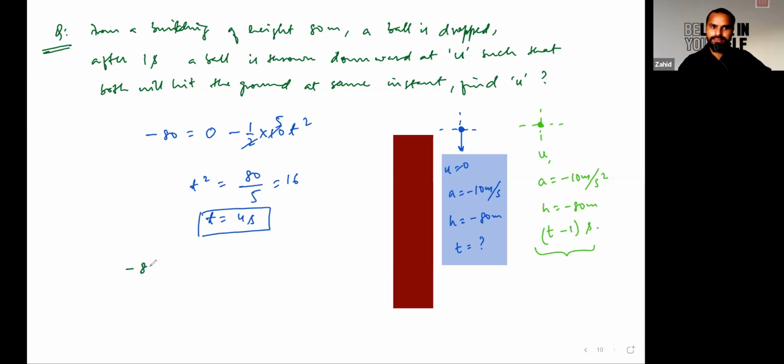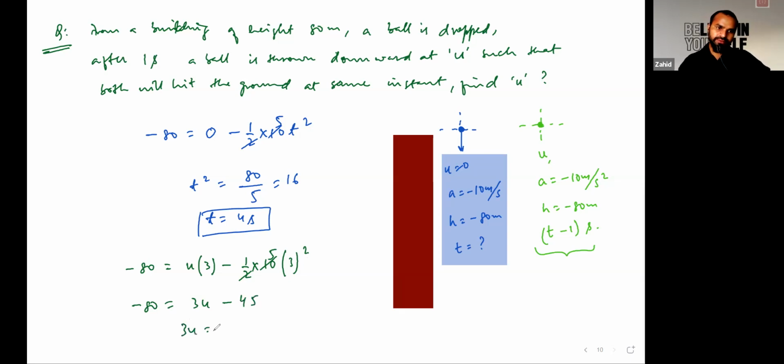So S is equals to U in downward direction, or let's say U into T. T is T minus 1, that is 3, minus half G is 10, and T is just 3 squared. So it will be 5. So minus of 80, 3 times of U, 3 3 is a 9, 5 is a 45.